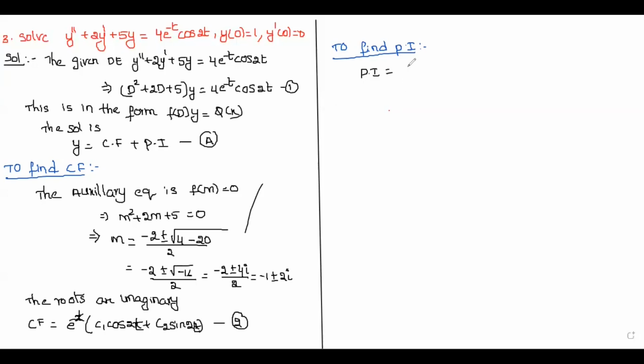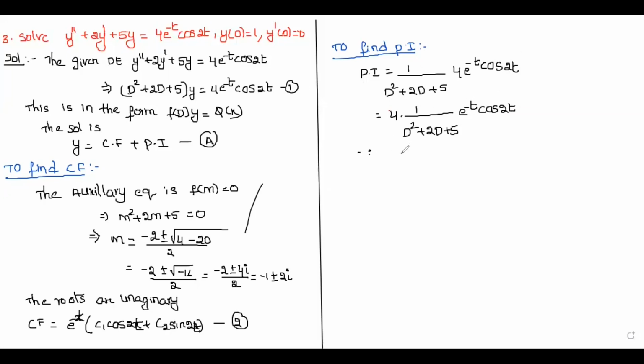So particular integral is equal to 1 by D square plus 2D plus 5 into 4 into e power minus t cos 2t. Since 4 is a constant, you can bring the 4 outside. So 1 by D square plus 2D plus 5 into e power minus t cos 2t.